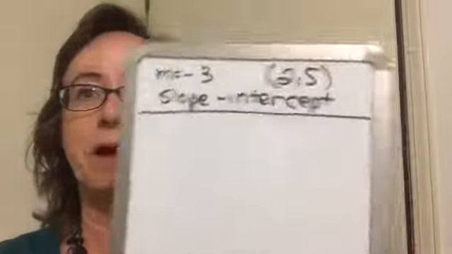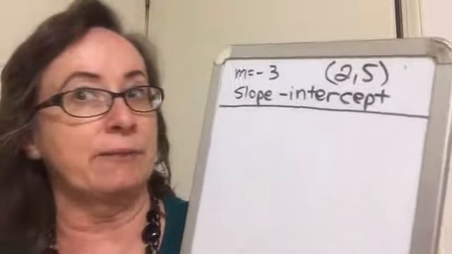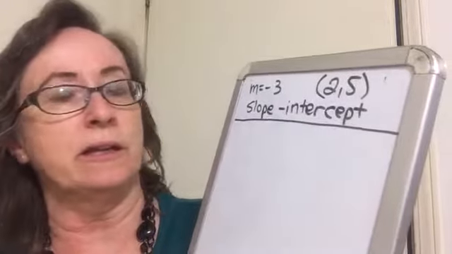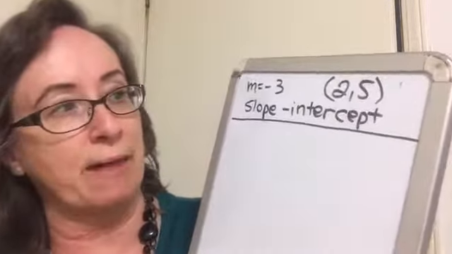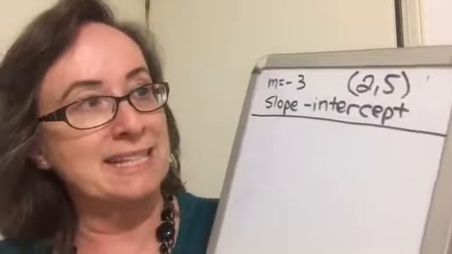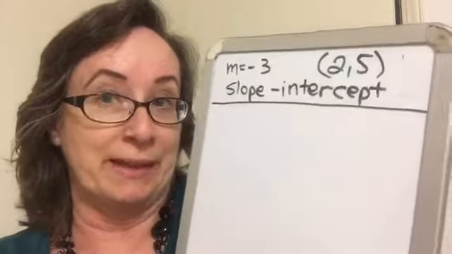So our next problem is going to involve a slope and a point, and we're going to leave it in slope-intercept form. So we could use either method. Again, I could use my point-slope method, or I could use my slope-intercept method. Since I have to leave it in slope-intercept form, I'm going to do it that way.